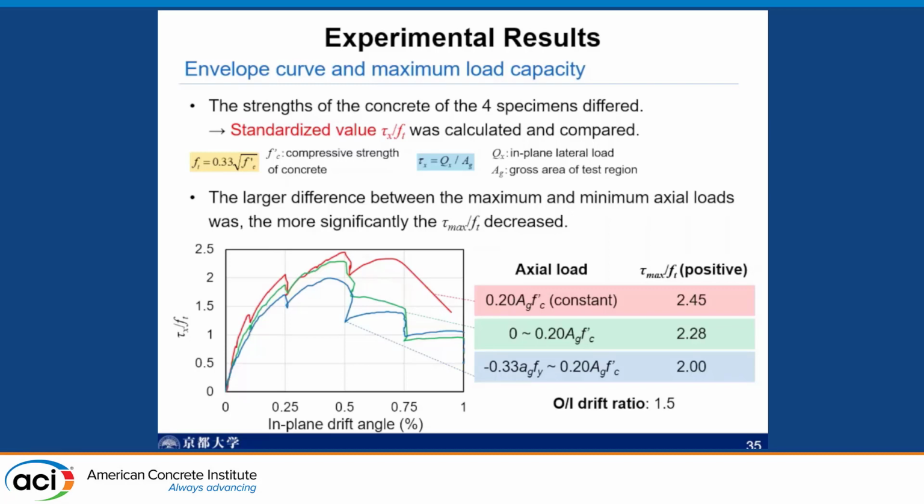So this red line shows the specimen of 0.2 f'c constant axial load, and this green line shows the axial load ratio varying between 0 and 0.2, and then the blue line shows when we apply the tensile force in the wall.